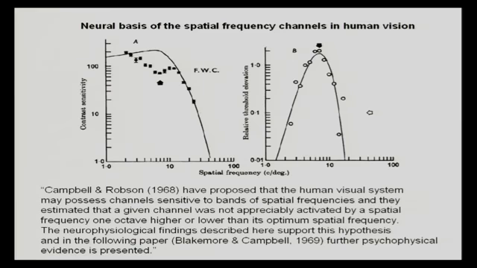So what they've actually done here is measured the size tuning of some of the neurons or the channels that are representing this overall sensitivity function. And they did the same thing for orientation.